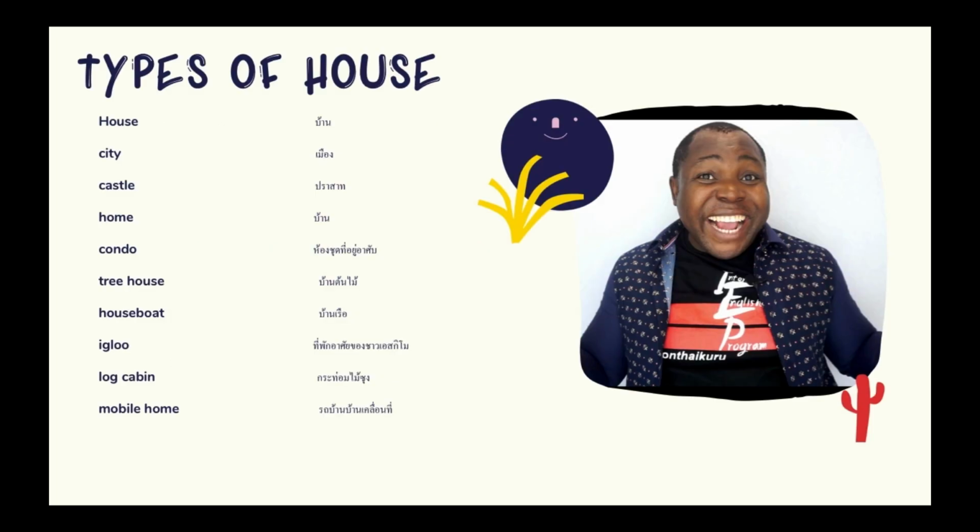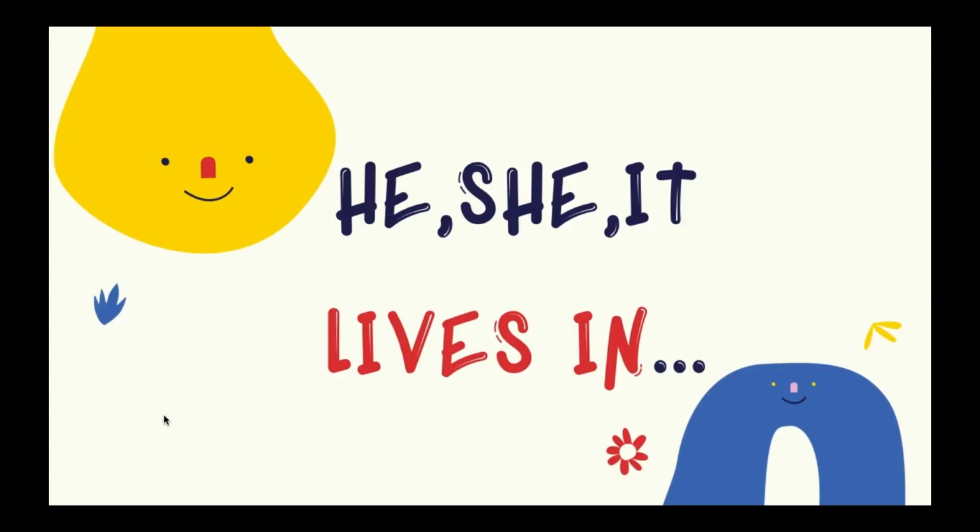We're going back. These are types of houses. We talked about house, city, castle, home, condo, treehouse, houseboat, igloo, log cabin, mobile home. That's very good. He, she, it lives in a big house.